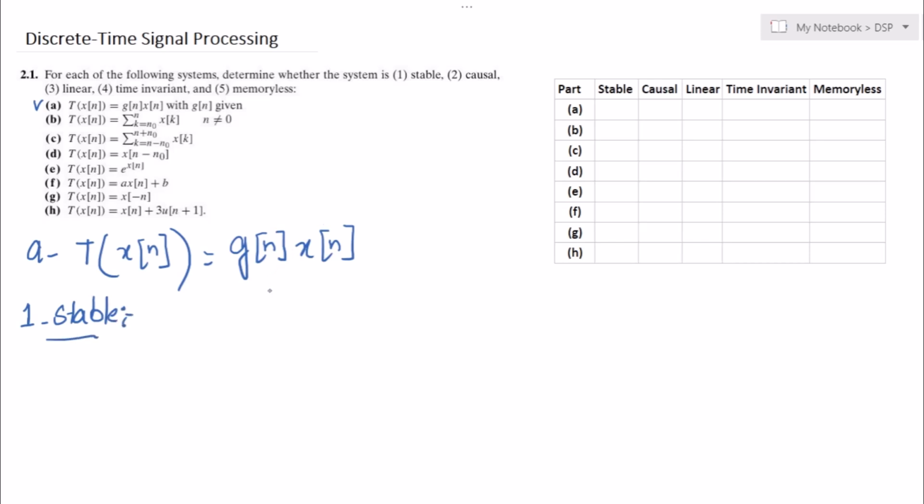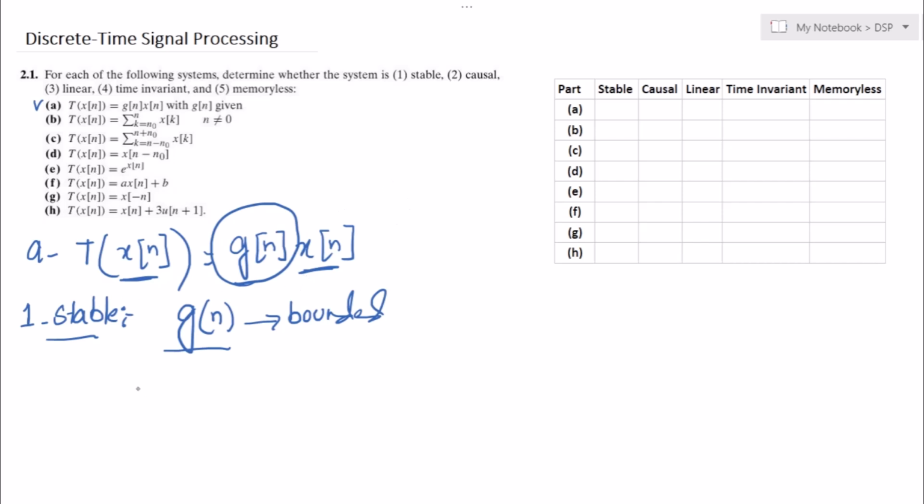In order to see whether the system is stable or not, if g of n is under some bounded conditions and x of n is bounded, the output will be bounded as well. So it solely depends upon g of n. If this is bounded, the output will also be bounded, because x is bounded, then y of n will also be bounded.